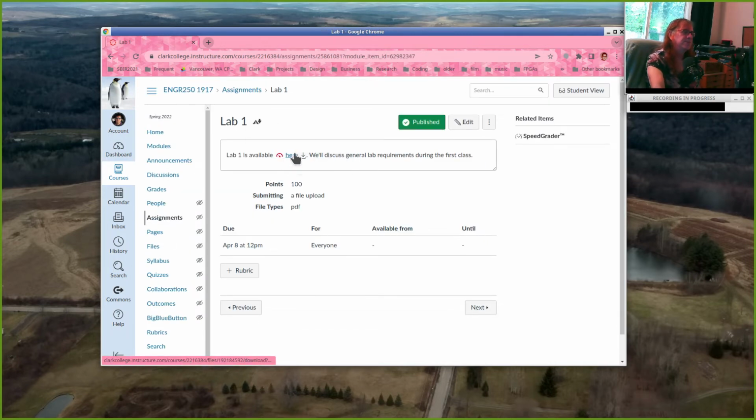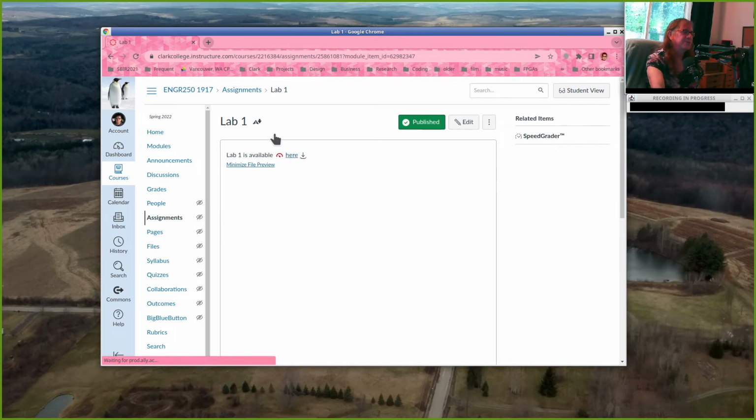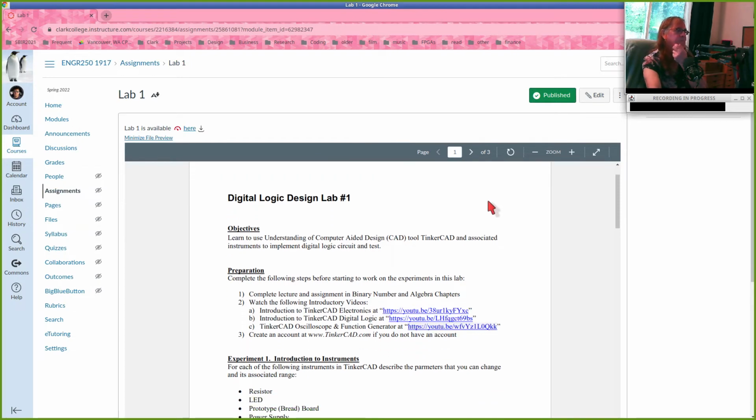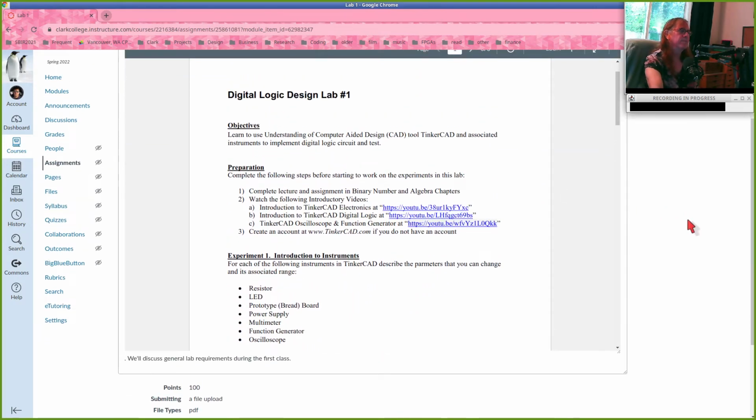So the labs are all linked up in Canvas. And so here's your first lab, Lab 1.